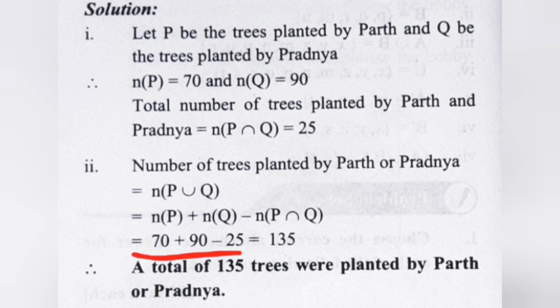Okay, so now 70 plus 90 is 160 minus 25 is 135. So a total of 135 trees were planted by Parth or Prajna. So total number of trees were 135, which were planted by Parth and Prajna. So okay, this was also very easy, just one formula, that's it.